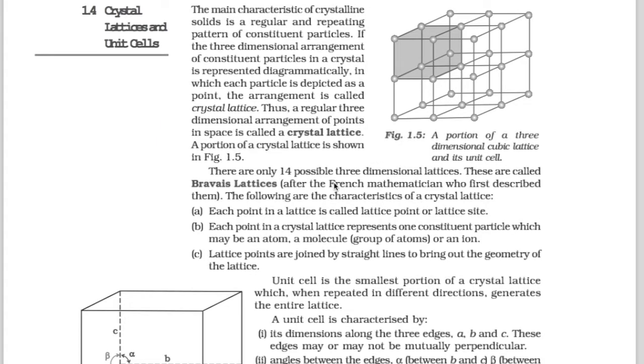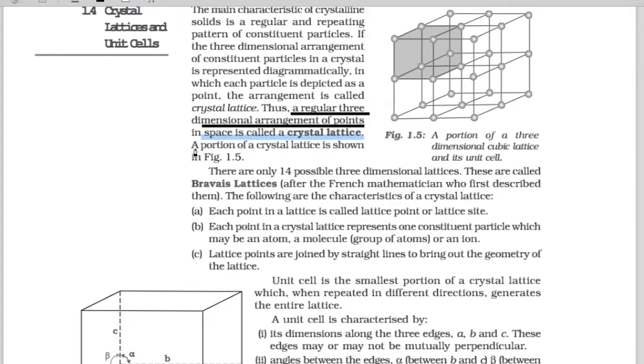We can define crystal lattice as a regular three-dimensional arrangement of points in space.